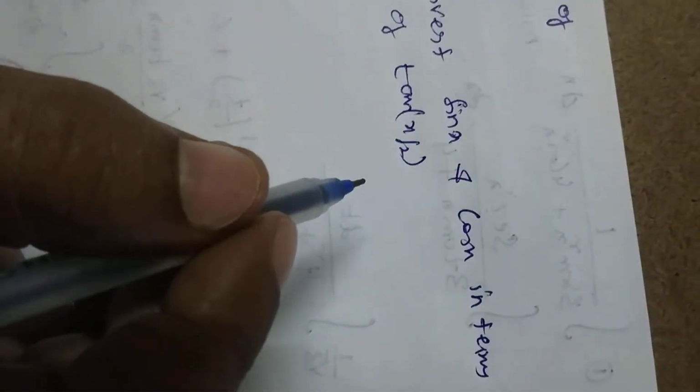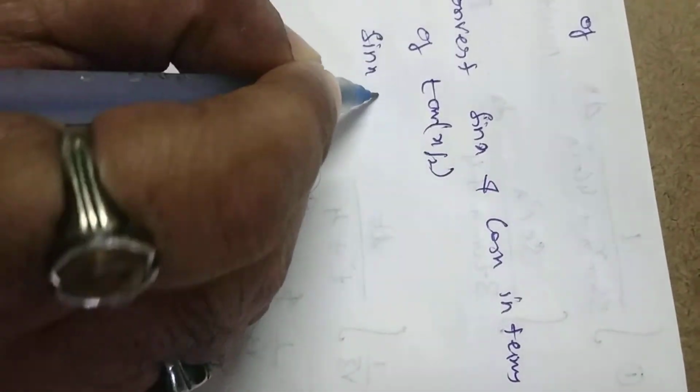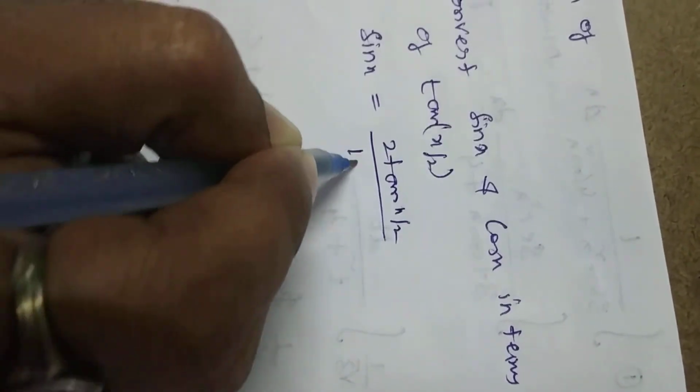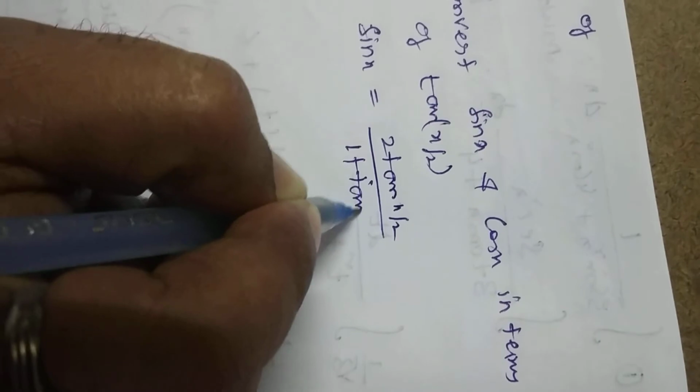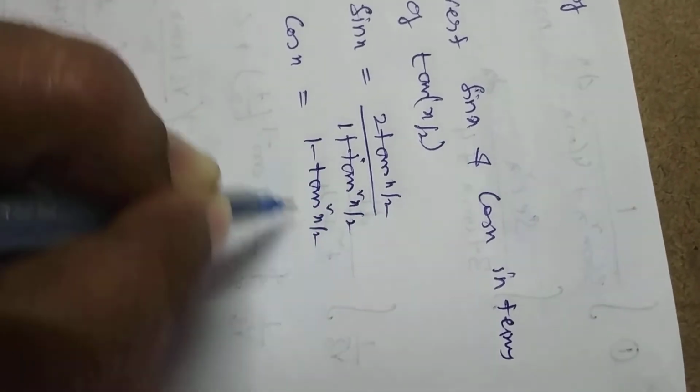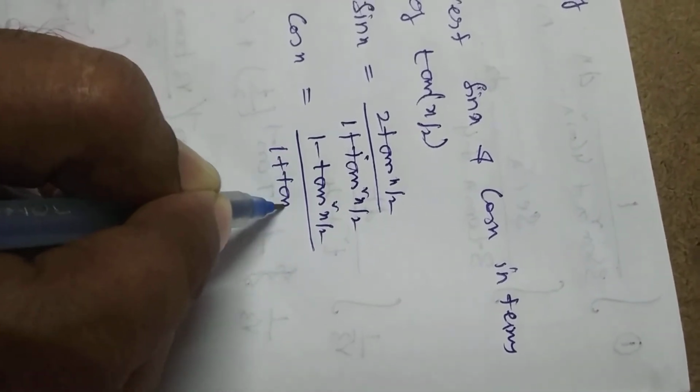So how we can convert in terms of tan x by 2 means we have the formulas here. Sin x is equal to 2 tan x by 2 by 1 plus tan square x by 2, and cos x we have the formula, that is 1 minus tan square x by 2 by 1 plus tan square x by 2.